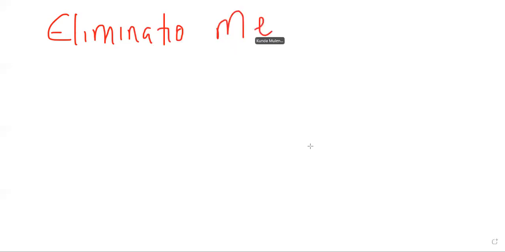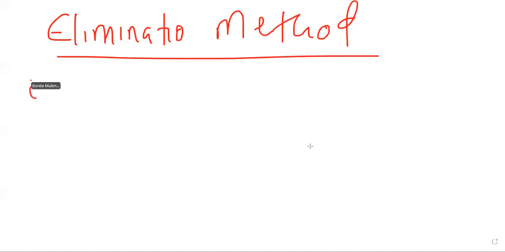Three things that must be present. So I was saying for the elimination method, we consider three things. Which things are they?